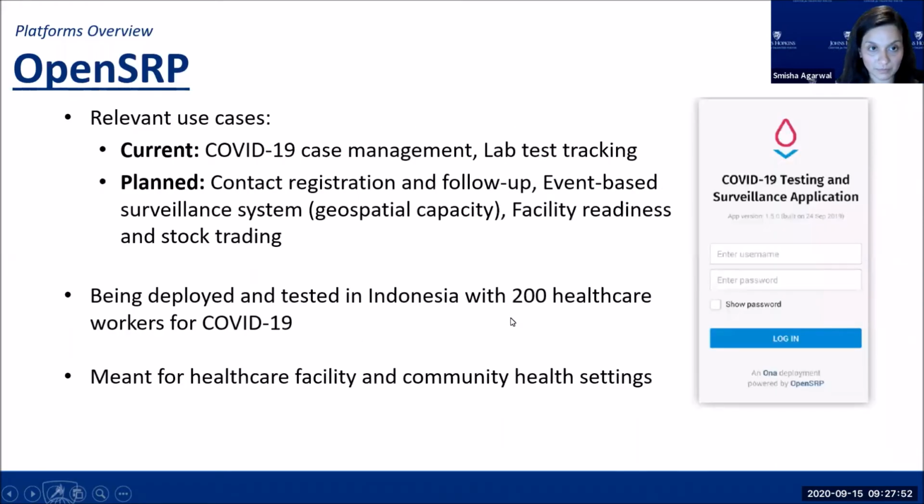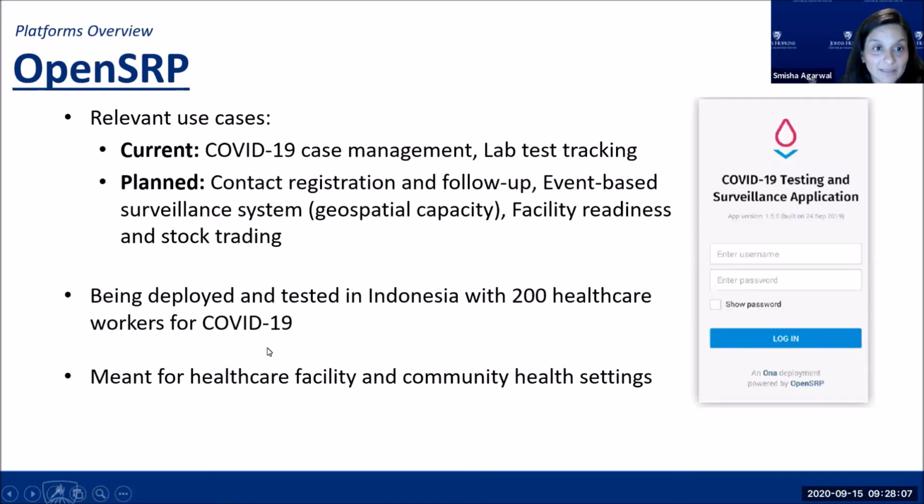So moving on to OpenSRP, which is also an open source mobile health platform that allows frontline health workers to electronically register and track the health of the population.